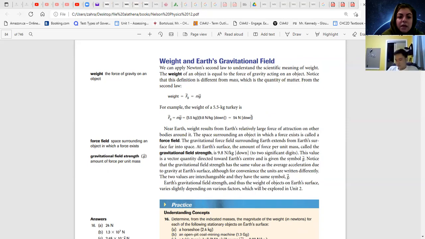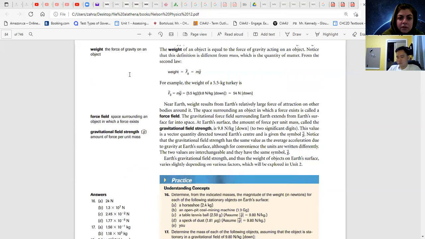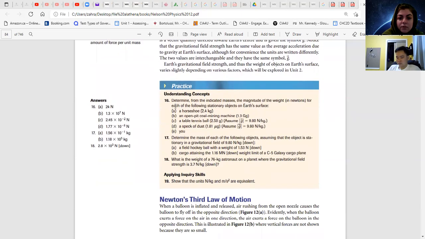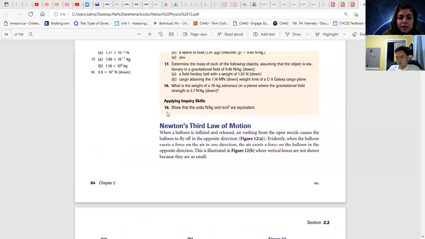We take it to be 9.8. Most of these questions are on the surface of the Earth. So basically, the equation that you have is F of g is equal to m multiplied by g, where g is 9.8. Now determine the following. This is question 16. You just do question 16 and 84.